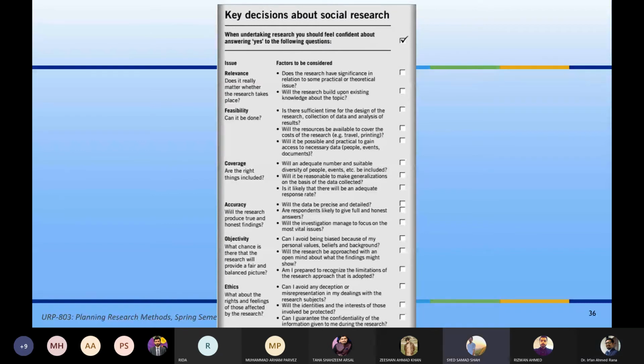Sir, is it possible to conduct a research-based study without identifying a problem? That's a very good question, Samad. I've not thought about it. But usually, in all the studies in social science, at least, there are two kinds of approaches basically: inductive research and deductive research.